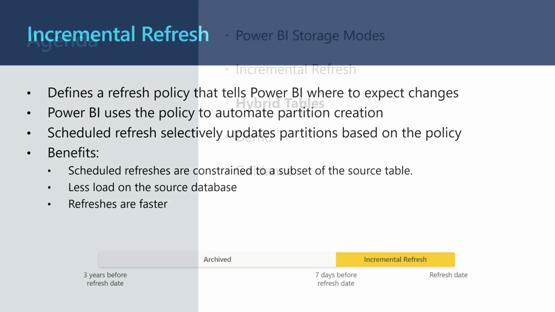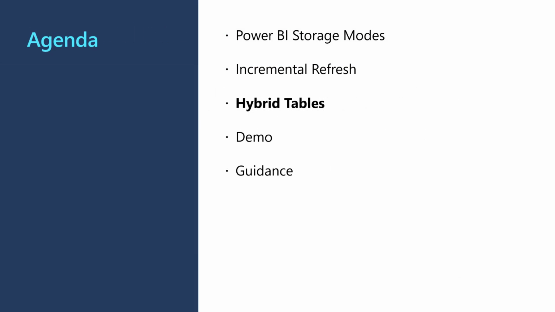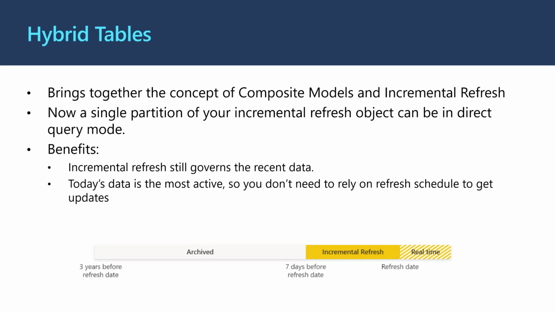And so with that background in incremental refresh, let's look and see how hybrid tables are a little bit different. So effectively what hybrid tables is doing is bringing together the concept of composite models, where you can say one object is direct query and another object is cached mode, but it's taking that down to the partition level. So remember I said that when you turn on incremental refresh, it breaks your table into a series of partitions based on date ranges.